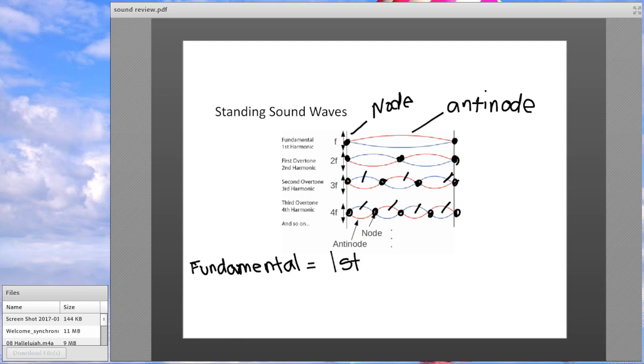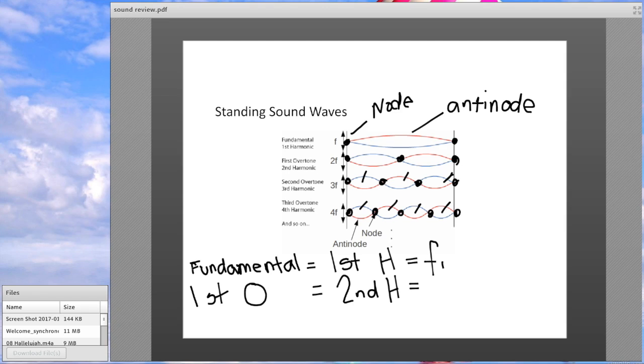It is not known as any overtone. I'm going to call it the first H, and in the formula it would be F1. Then your next one is your second harmonic, or your first overtone.